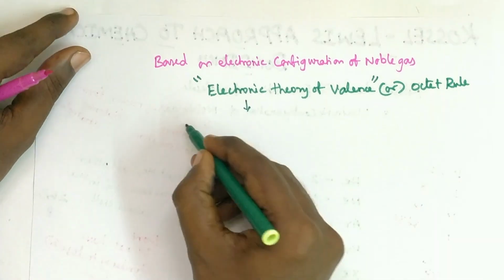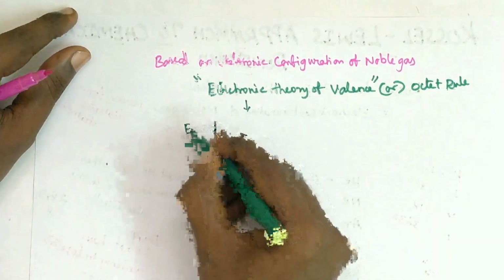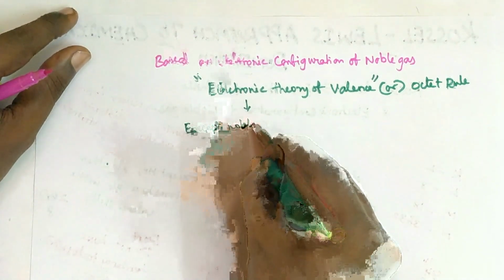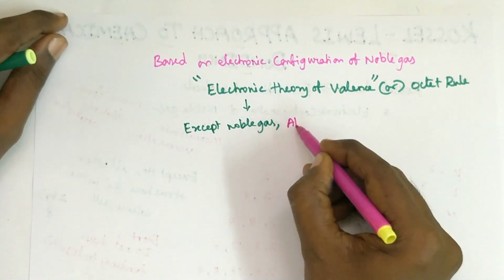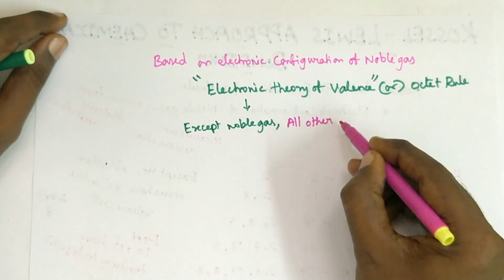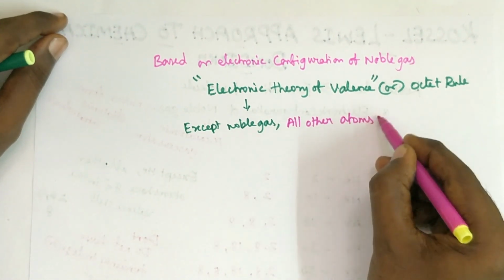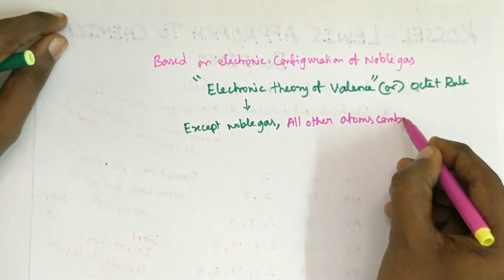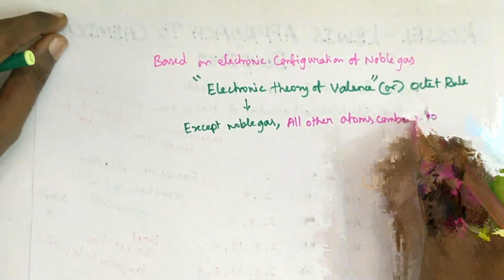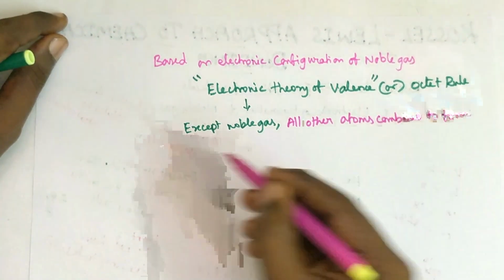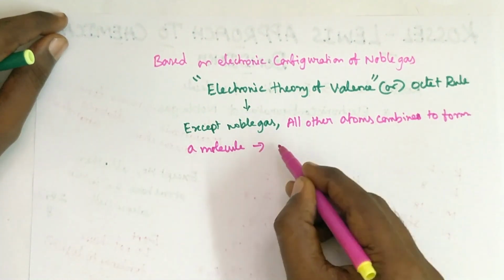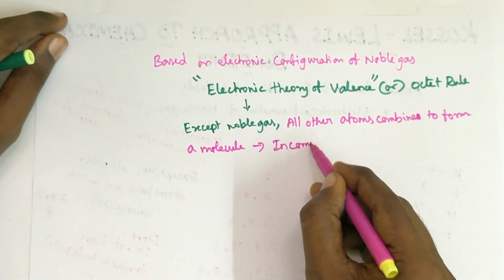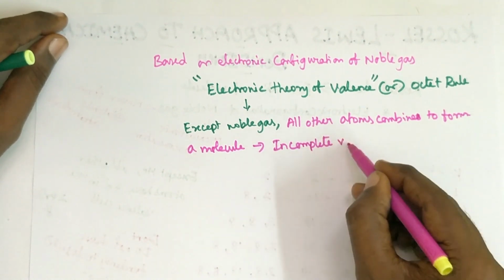He said, except noble gas, all other atoms combine to form a molecule. The reason is they have an incomplete valence shell.